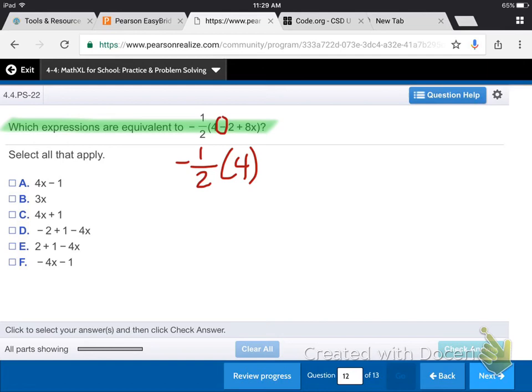So minus negative 1/2, right? We're always doing the negative 1/2 times 2 plus, see that right there? So it's plus, again, negative 1/2 times 8.